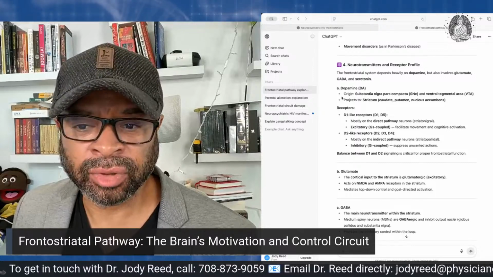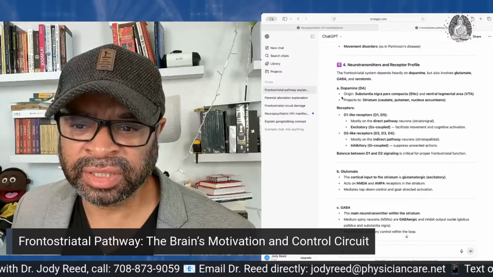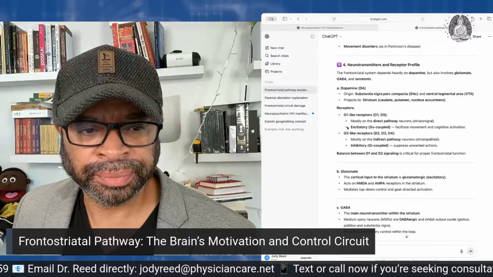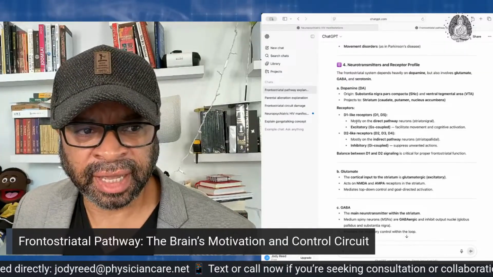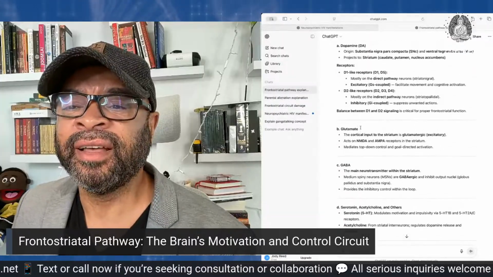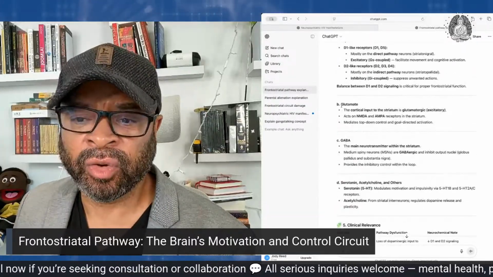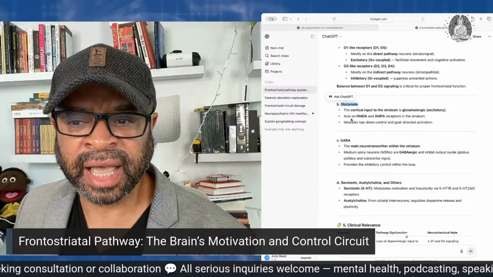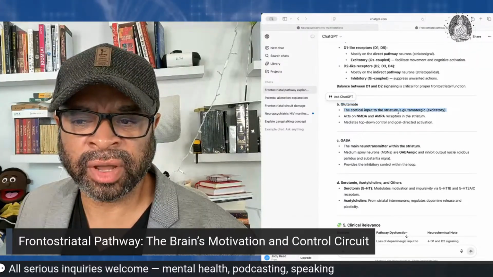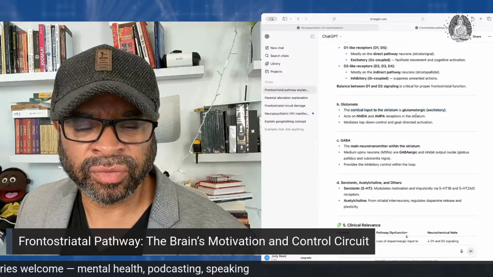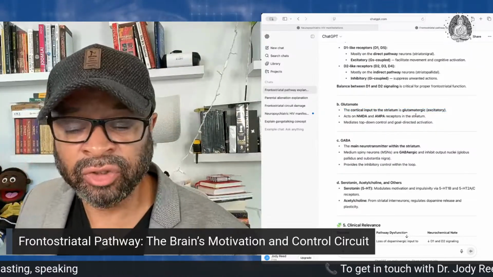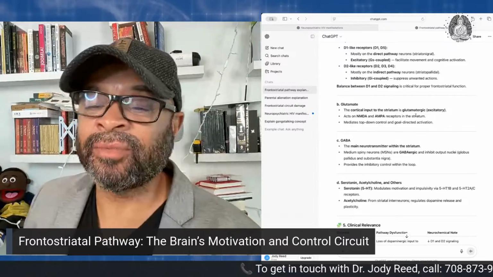But the atypicals also bind D1, D2 receptors and other receptors too. So both typical and atypical antipsychotics can be used in this situation. And of course glutamate is the main excitatory neurotransmitter, and the cortical inputs to the striatum are glutamatergic, because you need to get things turned up, right?